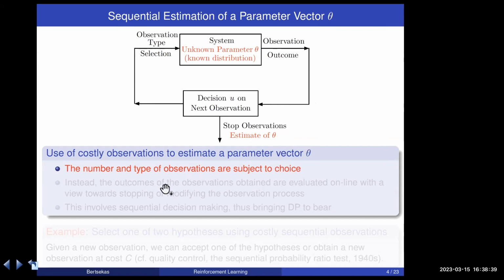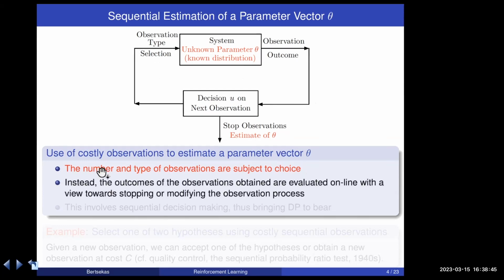The evaluation of the observations by the decision maker is with a view towards stopping or modifying the observation process. So this involves sequential decision making, thereby bringing dynamic programming to bear.